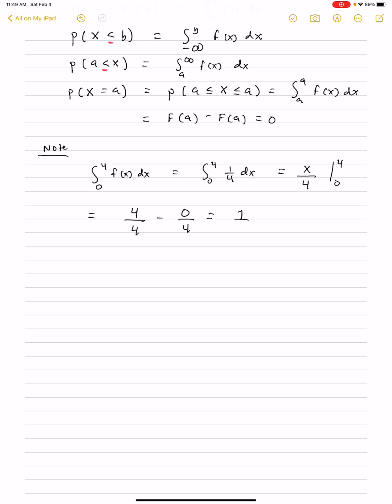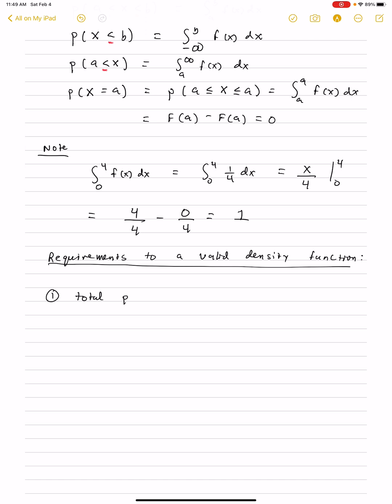So there's a requirement to be a valid density function. And they are as follows. So the first one, there are two requirements. It's that total probability is 1.